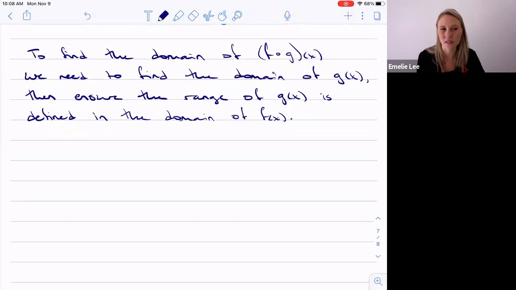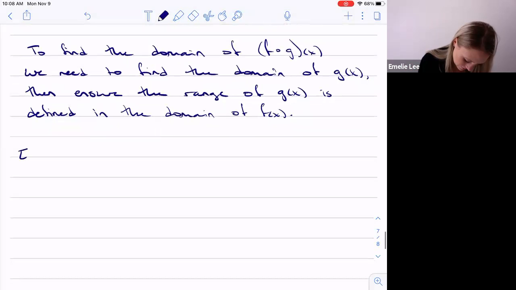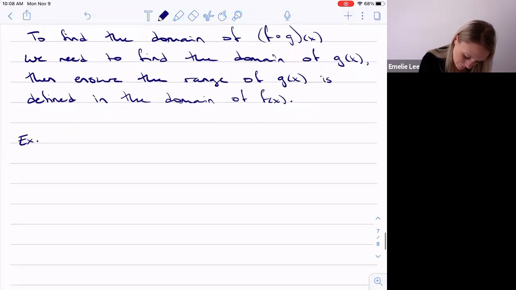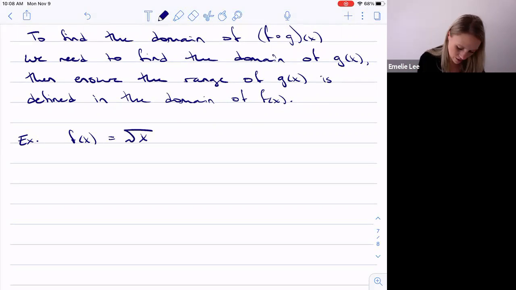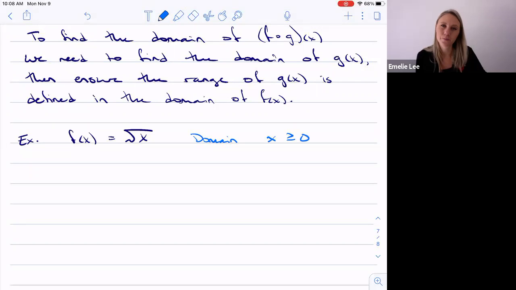But let's do an example to see what we mean here. So for example, if f of x is the root of x, remember, the domain of f of x then must be that x is greater than or equal to 0, right? I can't take the square root of a negative number. So the domain here is that x must be greater than or equal to 0.